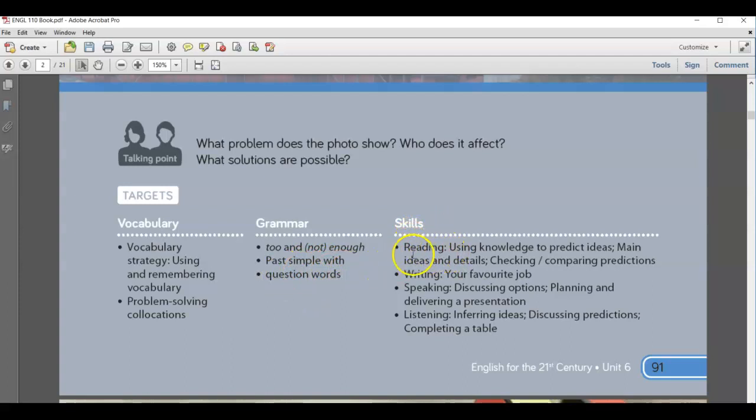For skills, we will continue to learn about reading skills, using knowledge to predict ideas, main ideas and details, writing about your favorite job, and listening, inferring ideas, discussing predictions. Okay, so now let's begin with our first thing, which is Kahoot.